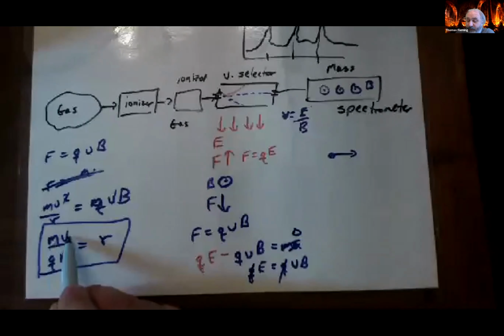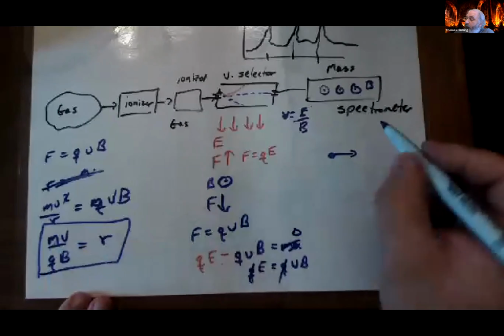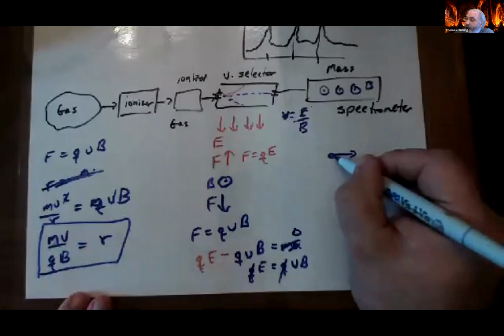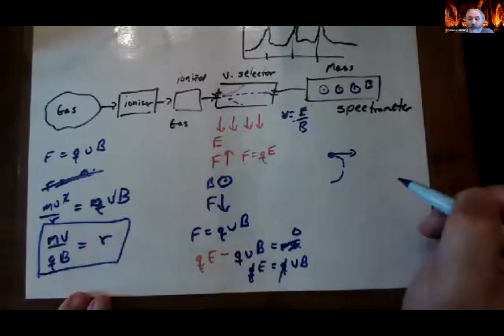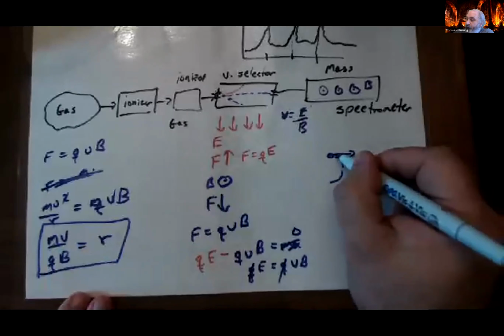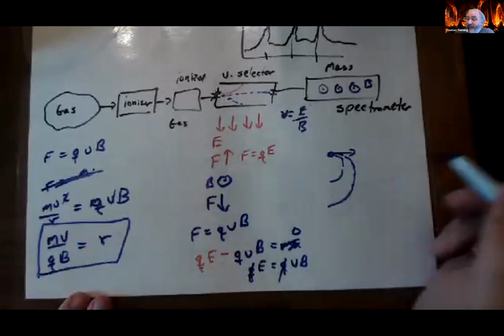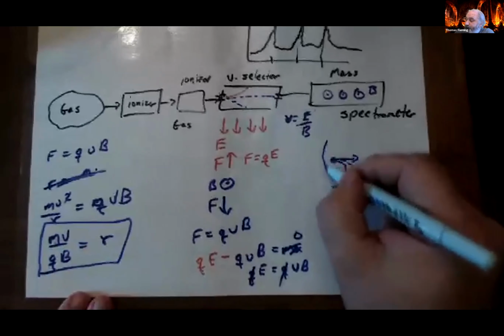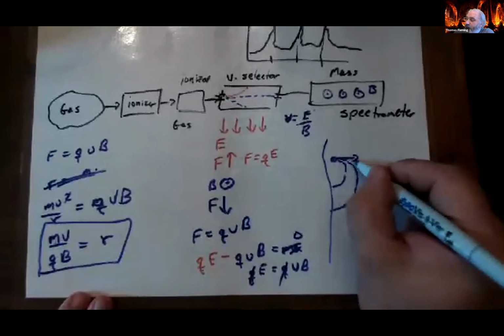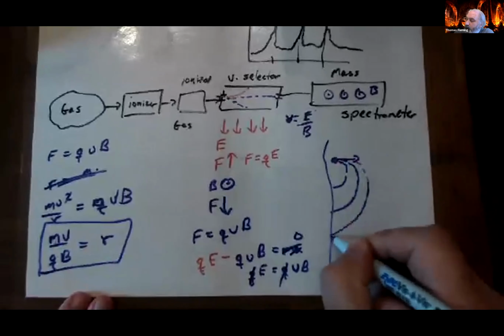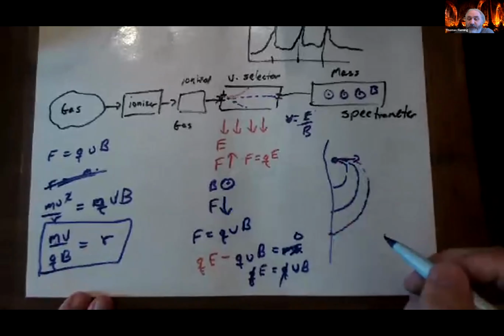Remember, they all got the same V, they all got the same Q, they all got the same B, but the ones with the most mass are going to have the biggest R's. So the small mass particles are going to go dee, dee, dee in tiny little circles. The big mass particles are going to go dee, dee, dee in bigger ones. They make that noise. I'm serious. And so the larger the mass of the particle, the larger the radius that it travels in.